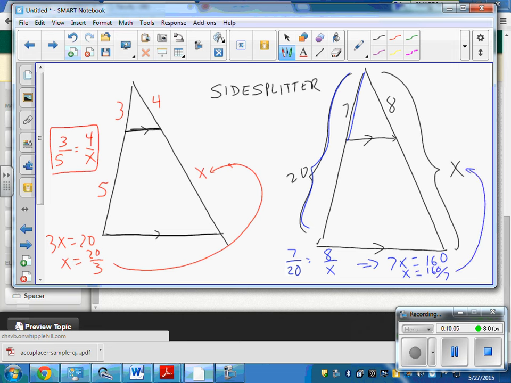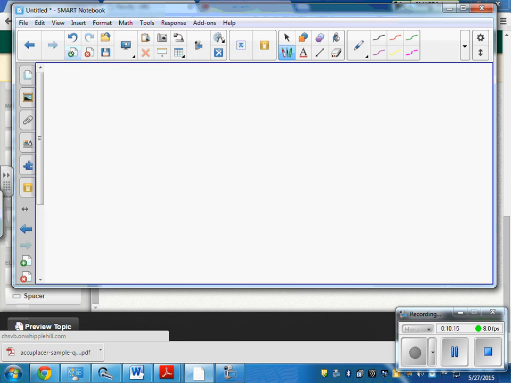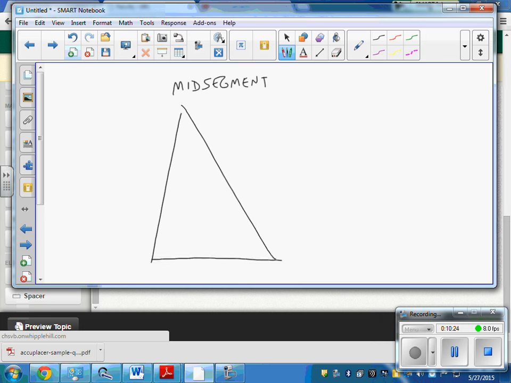Okay, side splitters. There was a special type of side splitter that happened to connect the midpoints, and that was called a mid-segment. And again, you might want to look at that, a mid-segment. So with a mid-segment, you have a triangle, and this segment is again going to be parallel, but it's a very special type of side splitter.